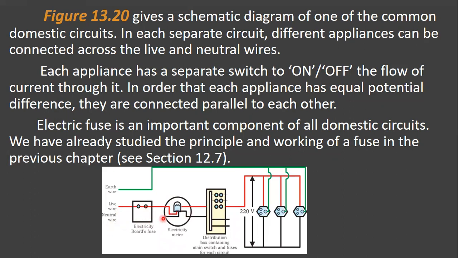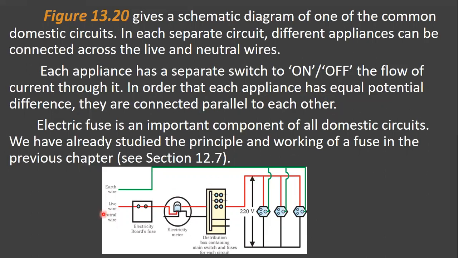See children, this is the neutral wire, and each appliance has a separate switch to switch the flow of current through it on or off. In order that each appliance has an equal potential difference, they are connected parallel to each other.